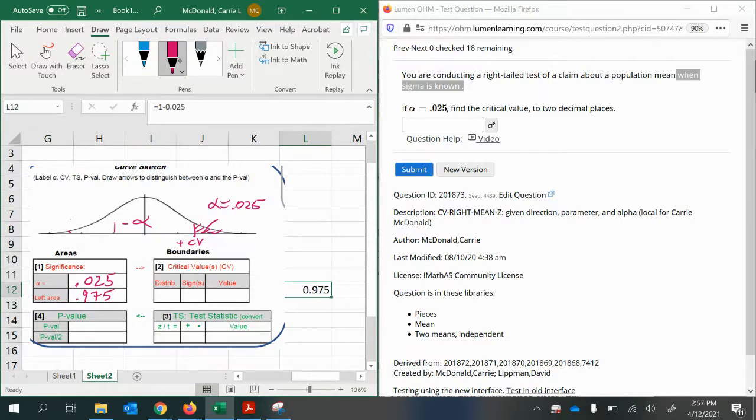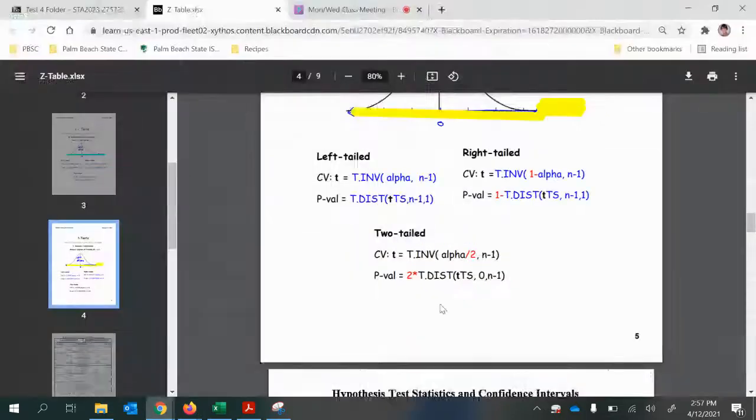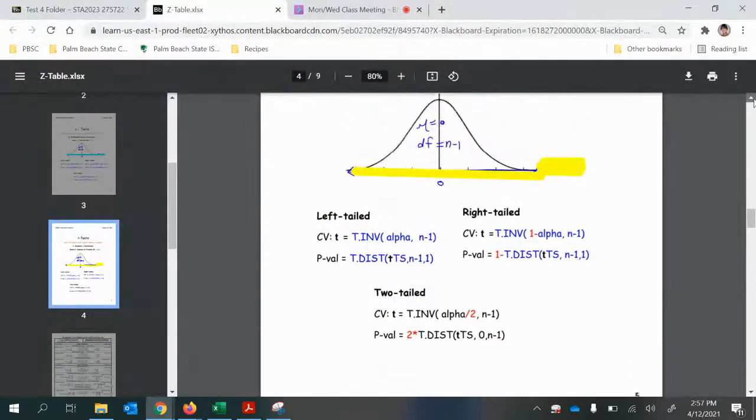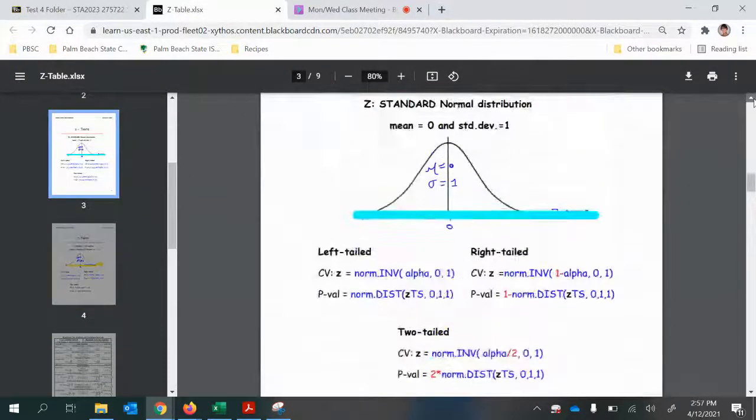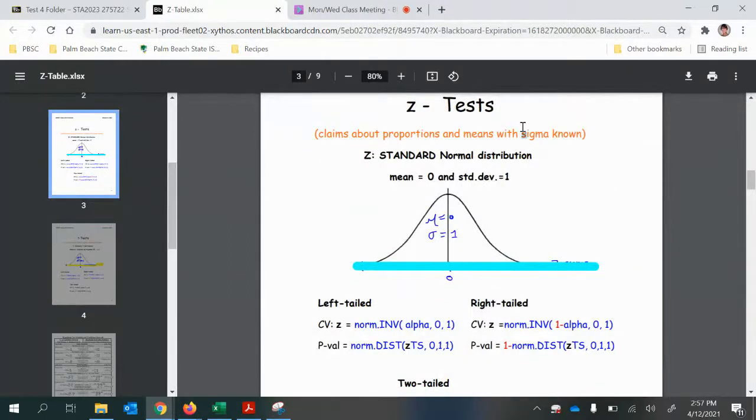All right, so now we also have to choose if we're doing a z distribution or a t distribution. So this is the population mean when sigma is known, right? This would be a z-test with sigma known, right? So with a right-tailed test, the critical value is going to be a z-score. So you're going to be using norm.inverse this time instead of t.inverse.